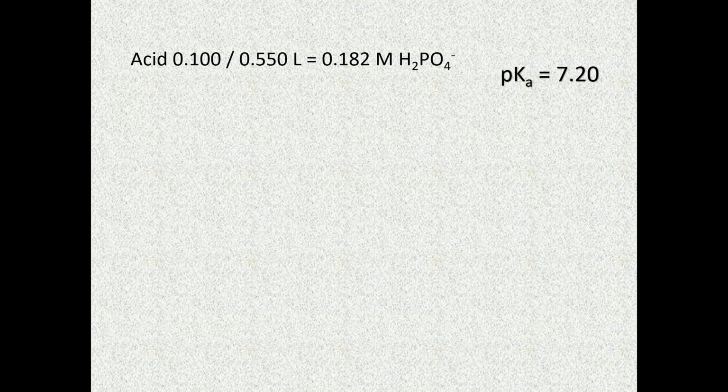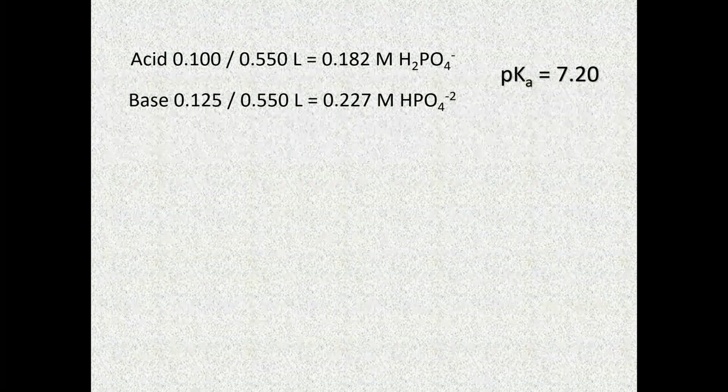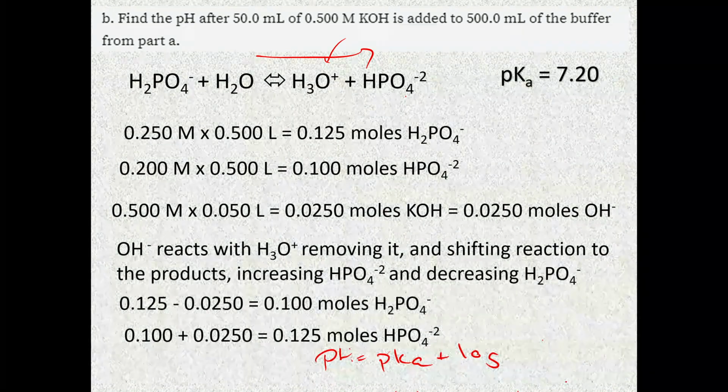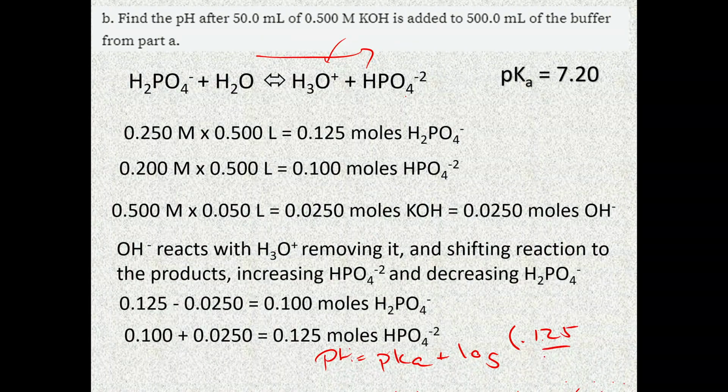Now, I went ahead and did this and calculated a new molarity, but I told you that you don't actually have to do that. I could have just said that pH is equal to pKa plus the log of 0.125 over 0.1.